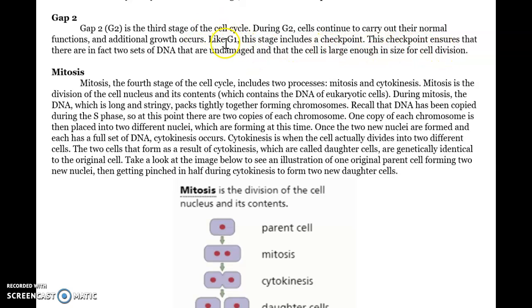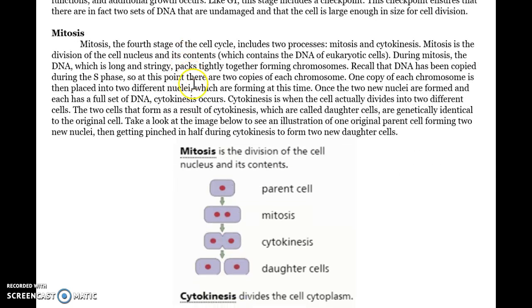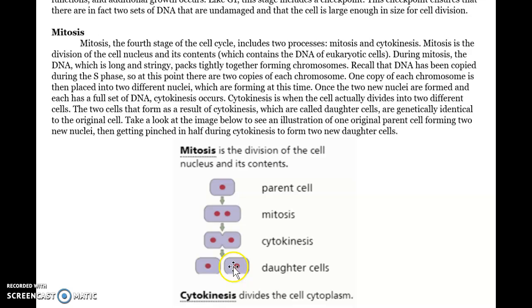This checkpoint is critical because this is the point where the cell checks that the DNA is complete, because one cell is going to create 2 cells. We need these 2 cells to have the exact same DNA. And if one of these 2 cells gets damaged DNA, then problems could certainly arise.